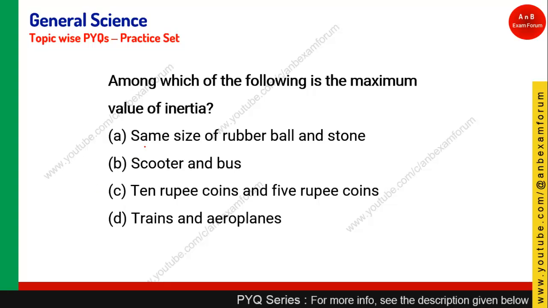As you know, inertia is a tendency of an object to stay in a state of rest or in a state of motion. And we have seen in our theory classes that mass is a measure of inertia. Comparing all the options, the train and aeroplane have more mass, so this is going to have the maximum value of inertia. So option D is the right answer.